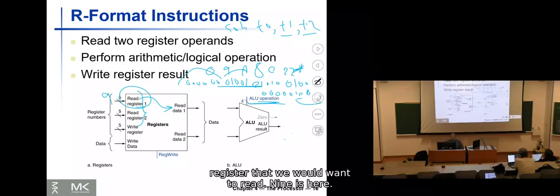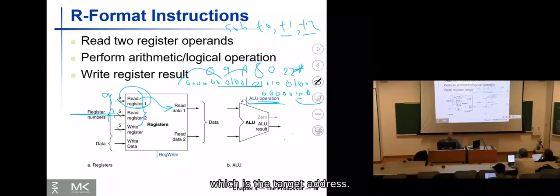The next 5 bits, which is 8, T2 is A, come here. A is the next address, the read register 2. The next one is 8, which is the target address, the destination address. So 8 is coming here for writing. And shift amount is 0, which we don't need here.